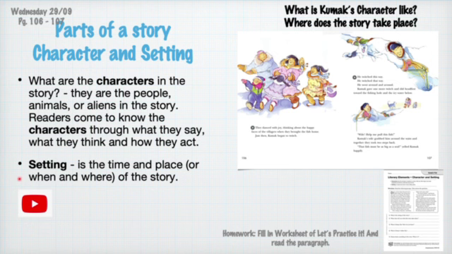Now we can also find out what Kumak's character is like. Is he patient? Is he funny? While we carry on reading the story, we will find out. The setting is the time and the place, when and where of the story. So where did the story of Kumak's Fish take place?